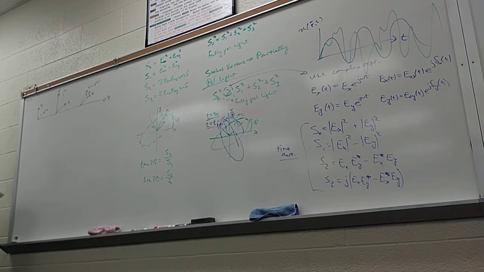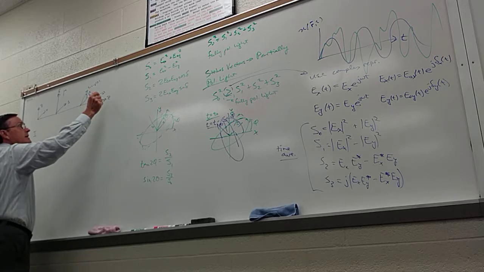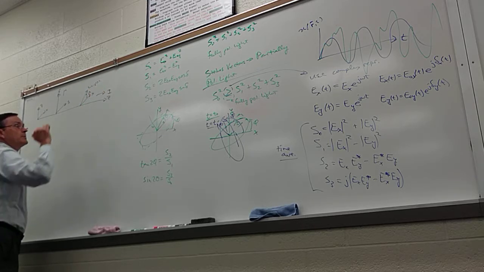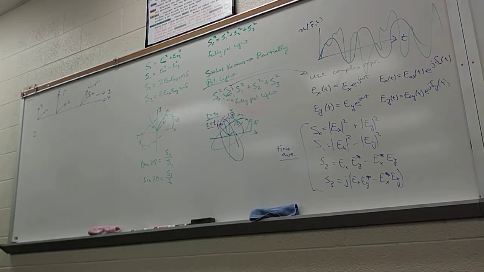One can show, I'm not going to show it, that the irradiance we measure on the detector is, of course, going to be a function of beta, the angle of the polarizer, and gamma, how much retardance we have on the wave plate.